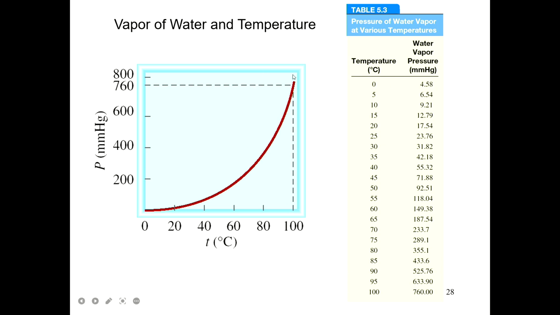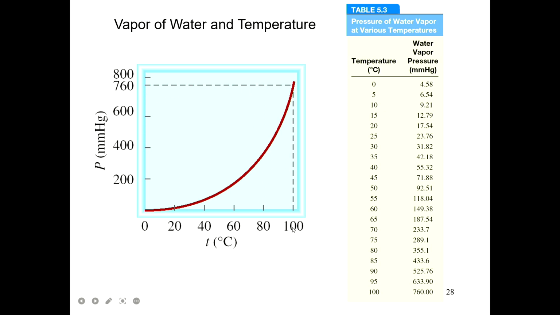Okay, so this curve shows the relationship between the vapor pressure of the water and the temperature. From here we can see that when the temperature increases, the pressure also increases. When the temperature is 100 degrees, the pressure is one atm.